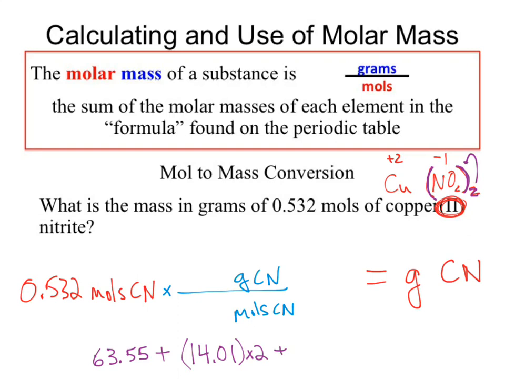What's our next element? Which is 16 times, why did you say 4? There's 2 in nitrite, and we have 2 of that particular unit. We've got 4. Okay? This gives you 155.